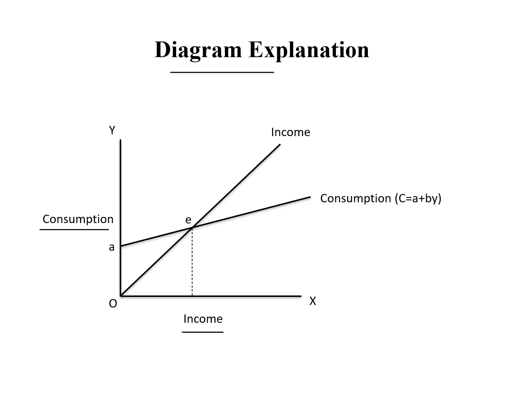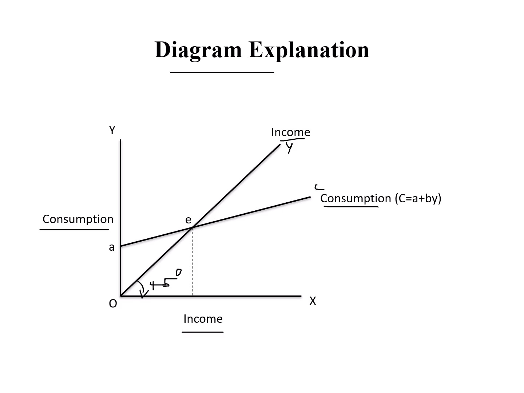Here the line OY represents income and AC represents the consumption line. And this is the 45 degree line. Sorry, my handwriting is very poor. This OI is the income line.